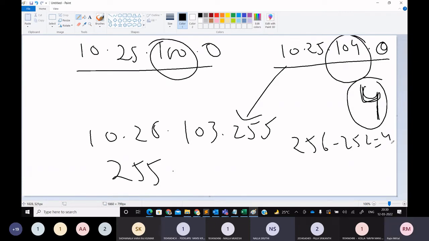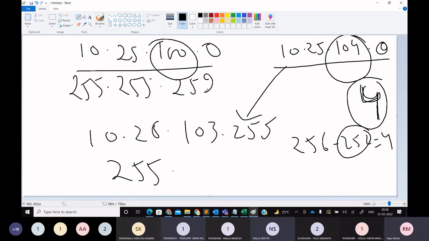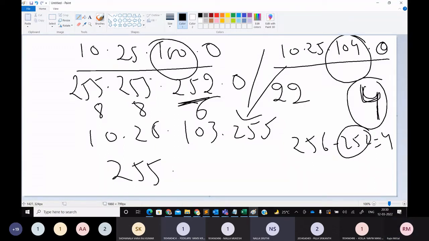Then only 4 will come. So this 252 is your subnet mask. So this will become 255.255.252.0. In other words, it is 8 plus 8 plus, how many bits is 252? 6 bits. So how much is the subnet mask? 22. Got it?